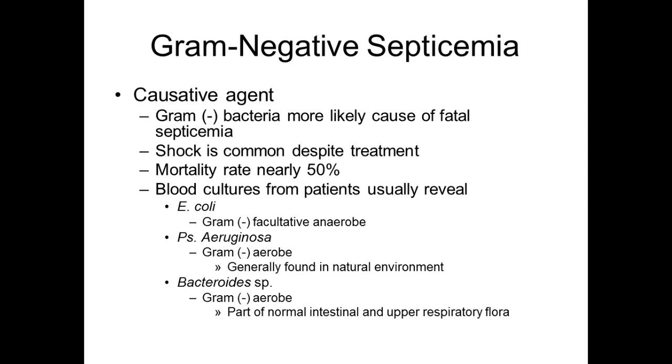The most common gram-negative offenders are E. coli, which we know could be part of our normal flora that could be introduced, unfortunately, into the blood system. Pseudomonas aeruginosa is another one found in our natural environment that could get into your blood. And lots of Bacteroides species. Again, these are part of our normal intestinal flora and even our upper respiratory flora.